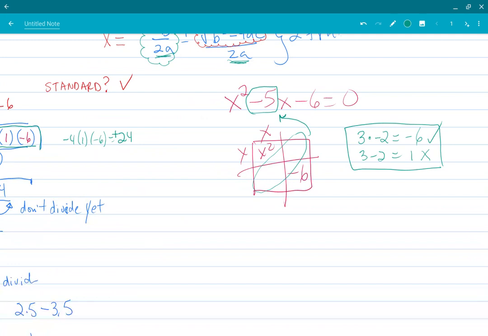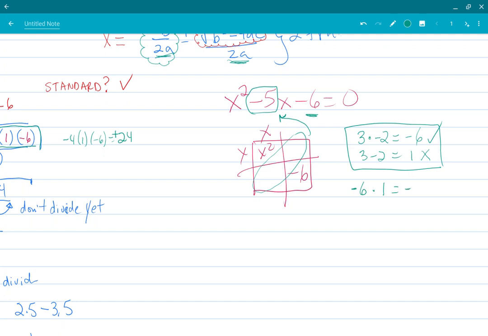We want it to equal -5, right? Don't forget you can also multiply the number by 1. How about 6 and 1? Yeah, you want the product to be -6, right?